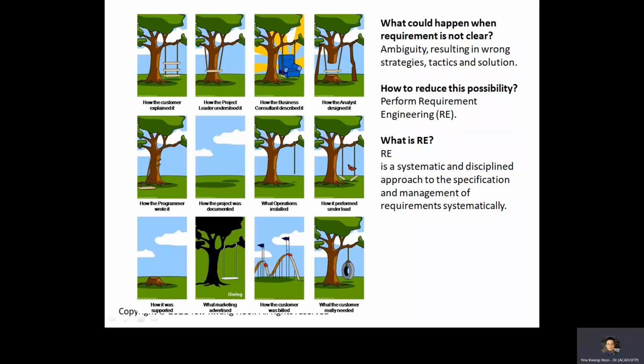The developer may misunderstand, the designer may misunderstand. So the outcome may be totally different from what the client has actually wanted. Therefore, requirements have to be engineered, done according to a certain systematic way to reduce such possibility. Of course we can do requirements without following specific techniques, fine, but the risk of non-compliance is much higher in those cases.